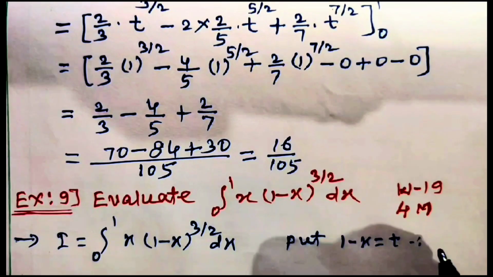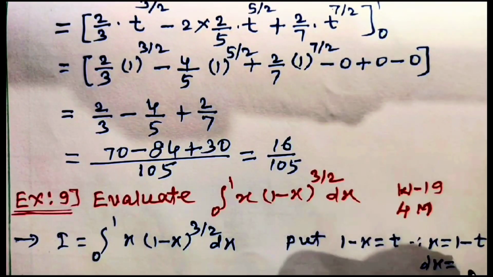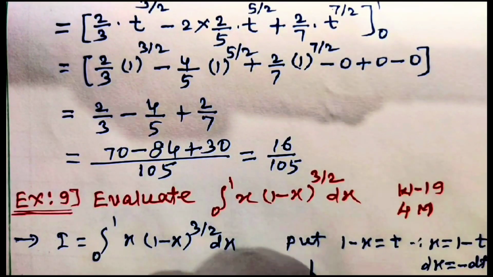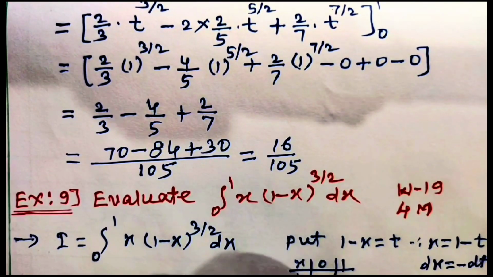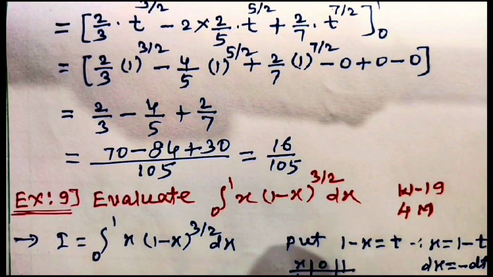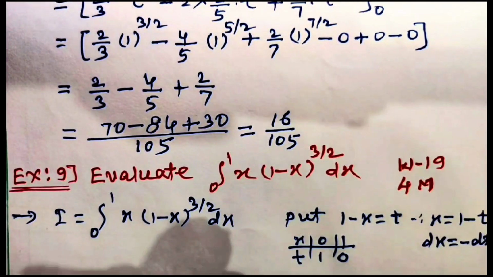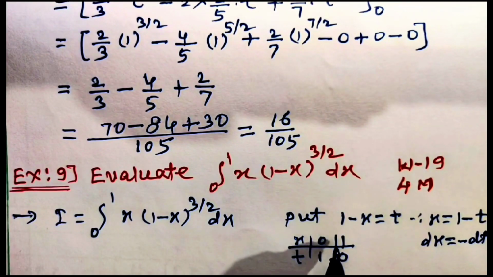Hence x is equal to 1 minus t and dx is equal to minus dt, and as x changes from 0 to 1, t changes: for x equal to 0, substitute t equal to 1, and for x equal to 1, substitute t equal to 0. These are the limits of the new variable t, from 1 to 0, as x changes from 0 to 1.